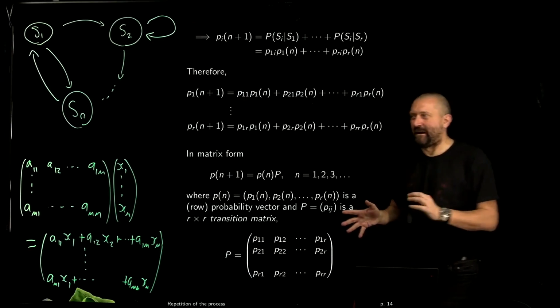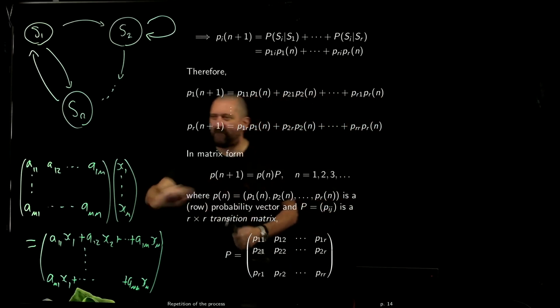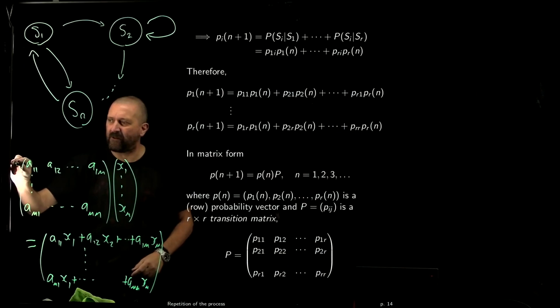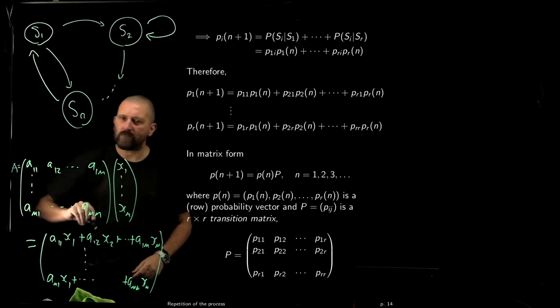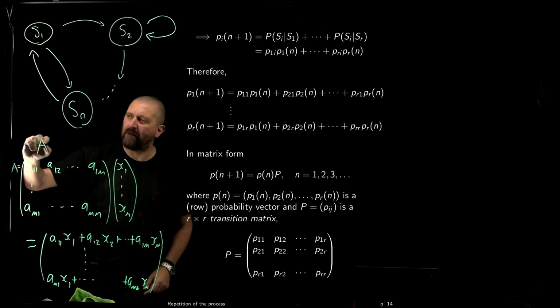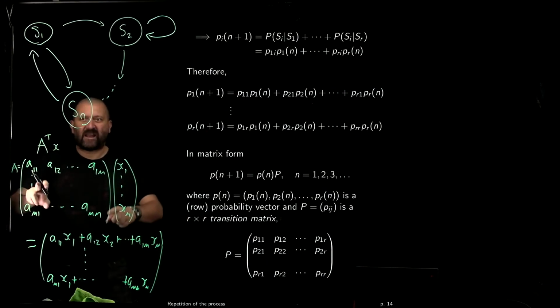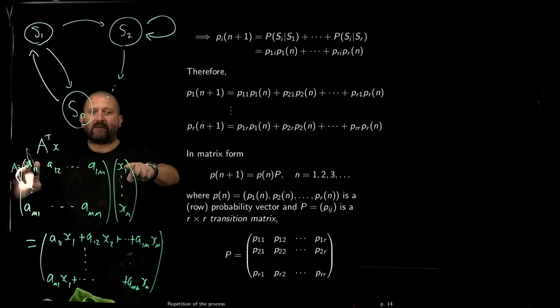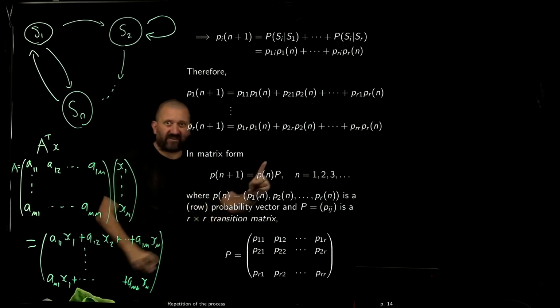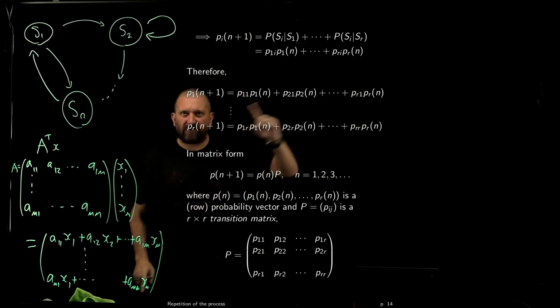If I call this A, I could take A transpose X. When I take A transpose X here, I get A11 X1 plus A21 X2, etc. So this could be P transpose.